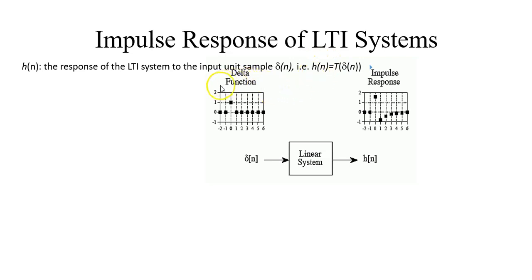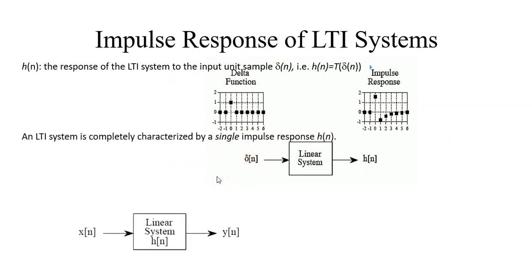So this is my delta function, and this is my impulse response using this linear system, transforming the delta function to have the impulse response. Why delta function? Because in impulse response we are working with every sample separately. So every sample can be represented by what? By a delta function shifted to the right or to the left.